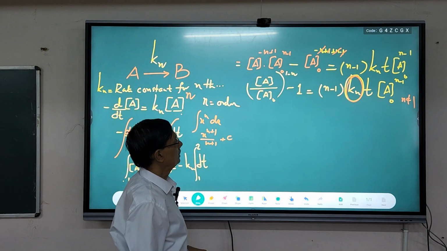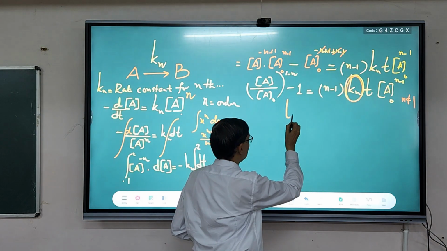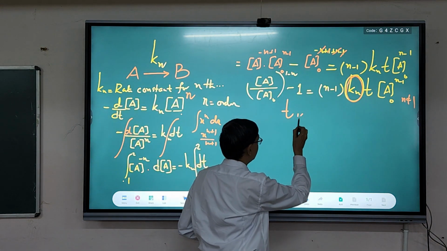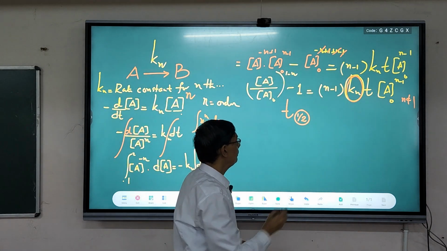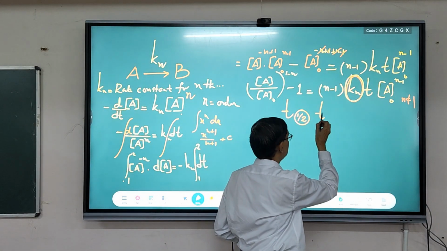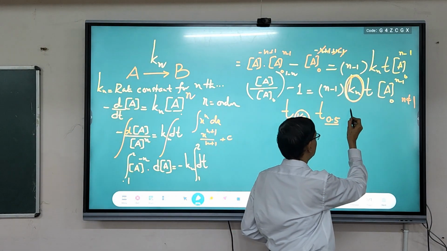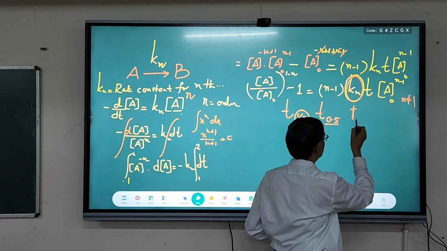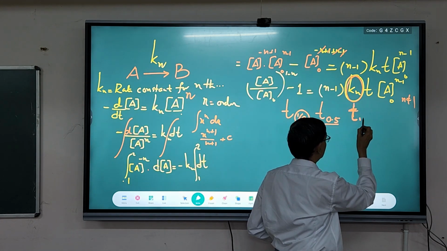Now you know that half-life is written in some books like T half, or even in some books T 0.5, whatever it is. Sometimes T you should not write, but the better way is to write T half. T half is half-life.